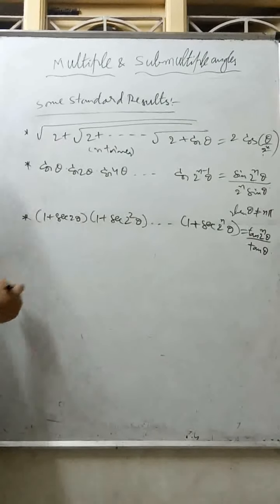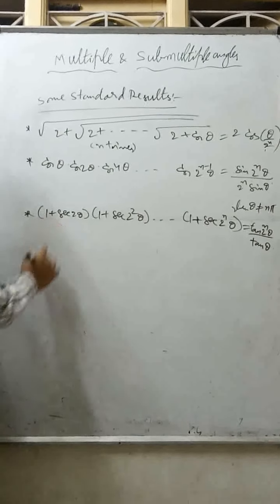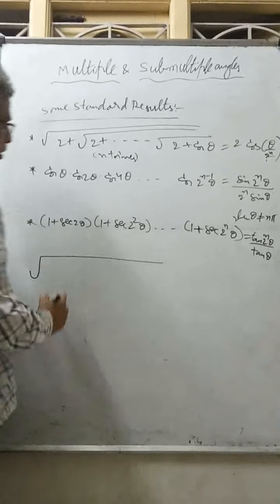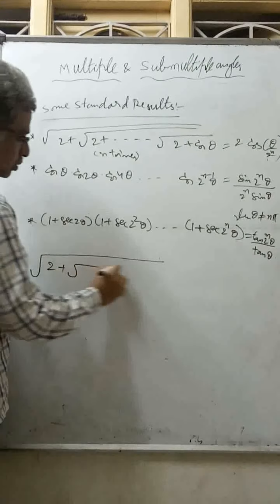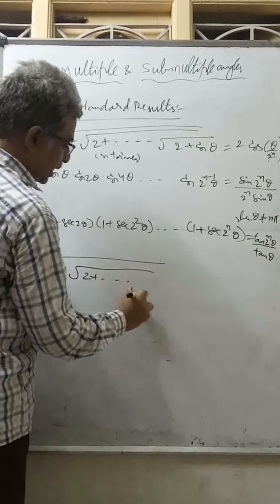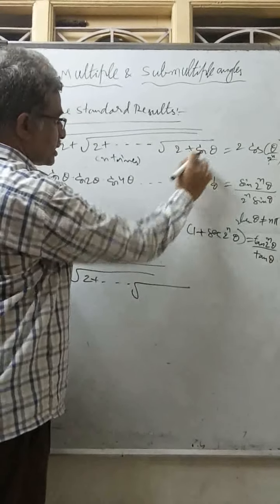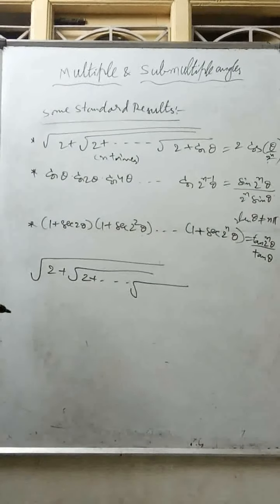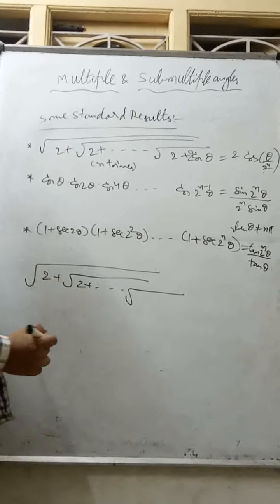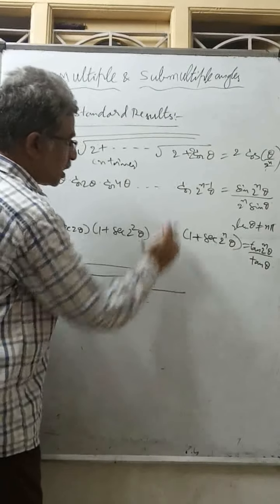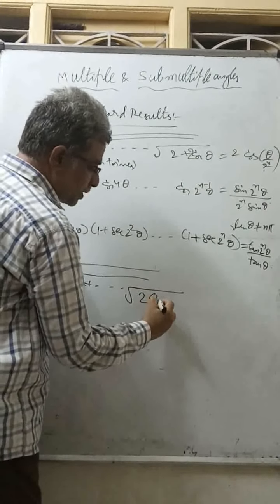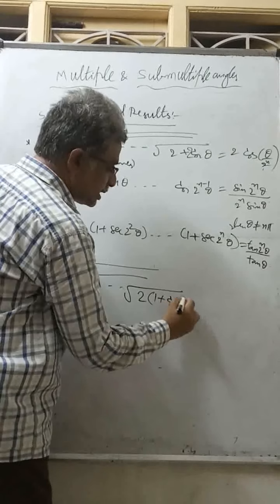Now we'll prove this simply, very simple, same standard rule, but we'll prove once. So this is 2 plus root of 2 plus and so on n times. If I take 2 common from these two, this becomes 2 into 1 plus cos theta.